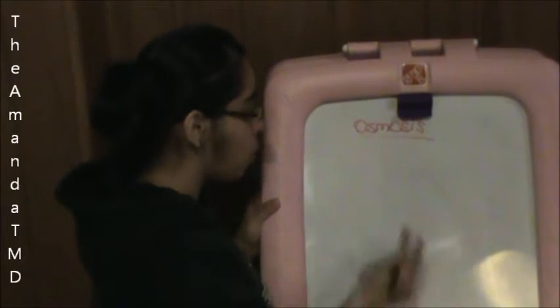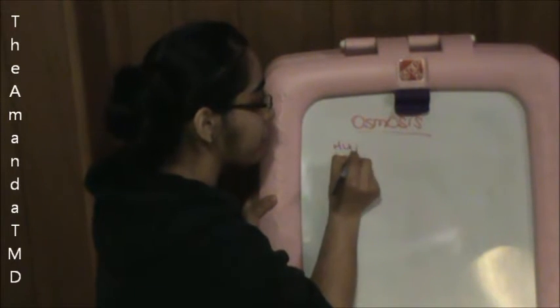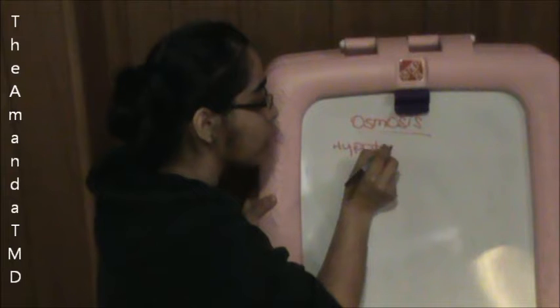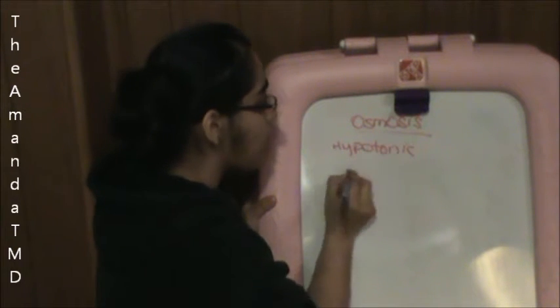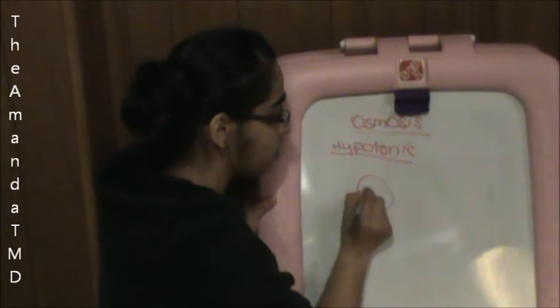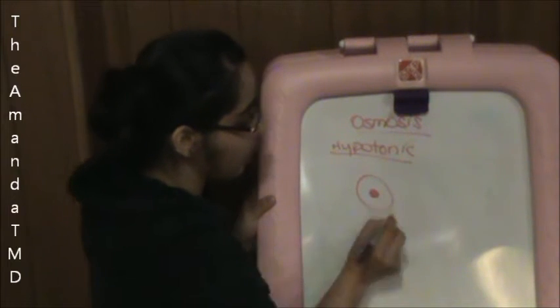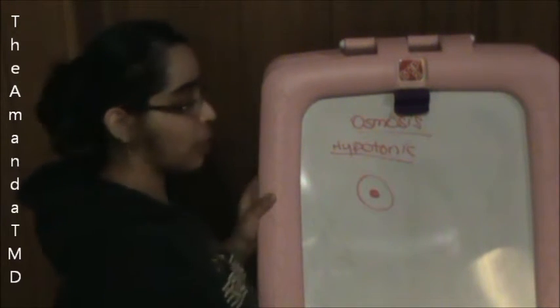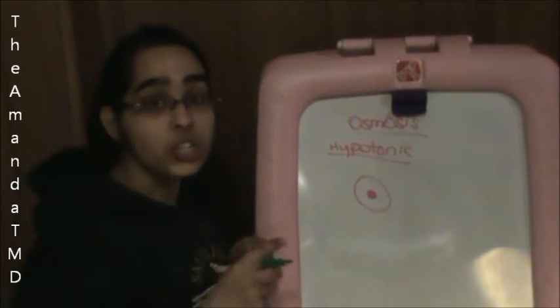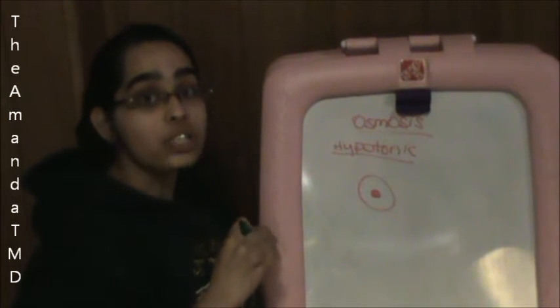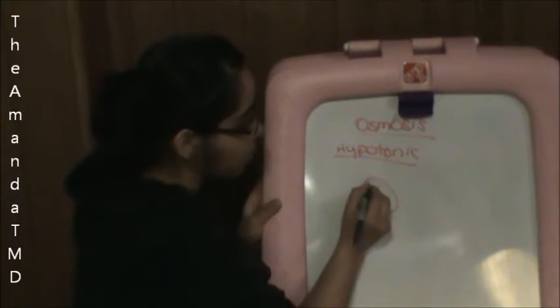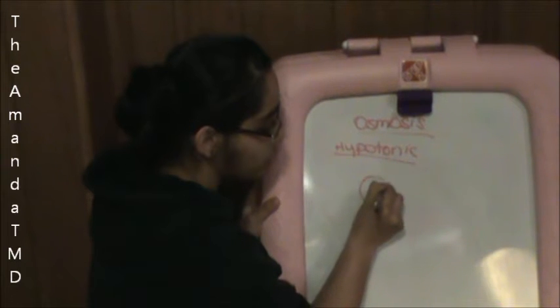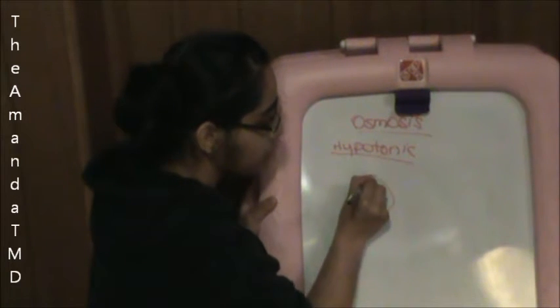Once again, with hypotonic, you have a cell. Once again, let's make it a eukaryotic cell. And in this situation, what happens is the water concentration within the cell is greater than outside. So once again, the green dots represent my water molecules.